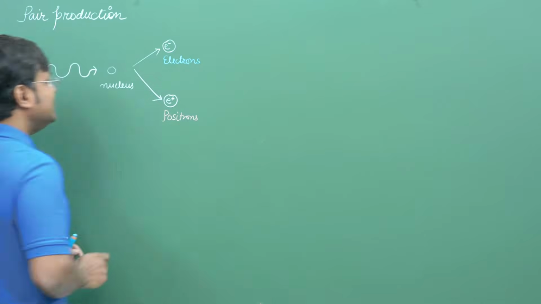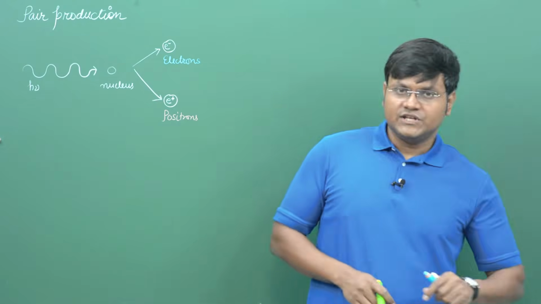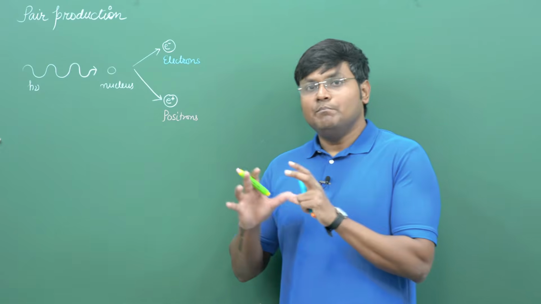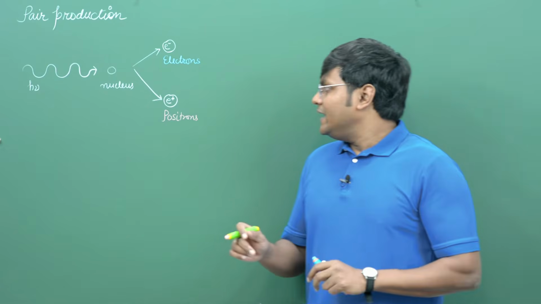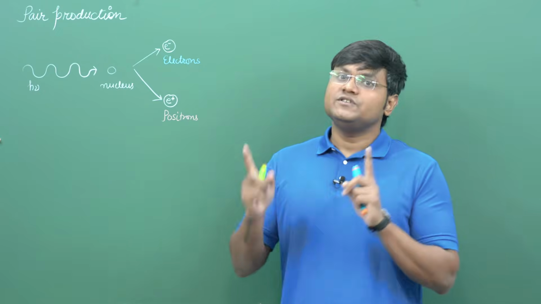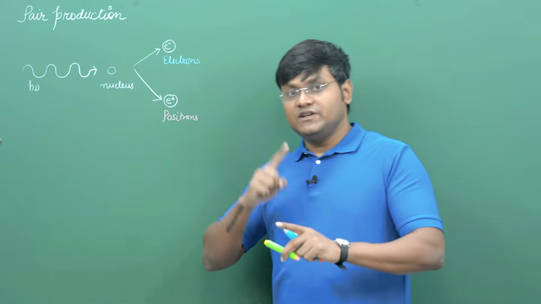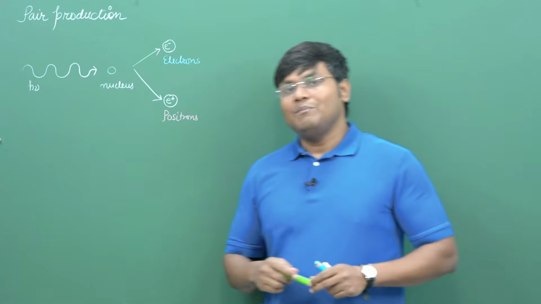Positrons are the antiparticle of electrons. If you look at the properties of a positron, it has exactly the same mass as an electron. It has exactly the same magnitude of charge, but the sign of the charge is different. The electron is negatively charged, but the positron is positively charged. And it also has opposite magnetic moment.